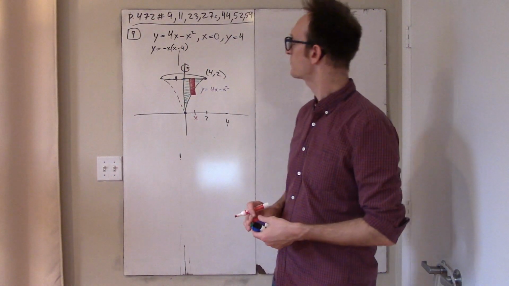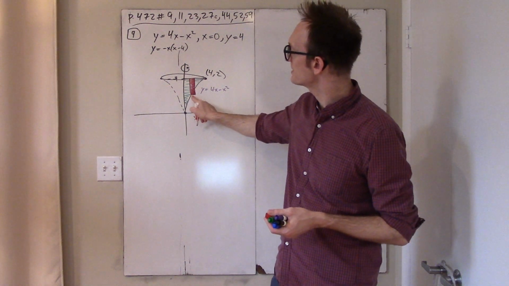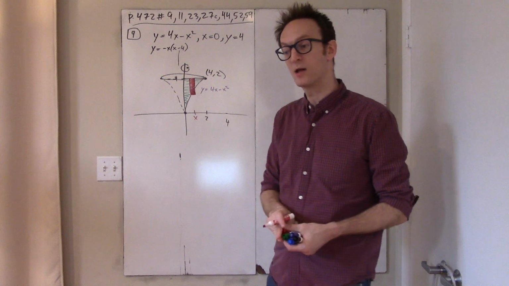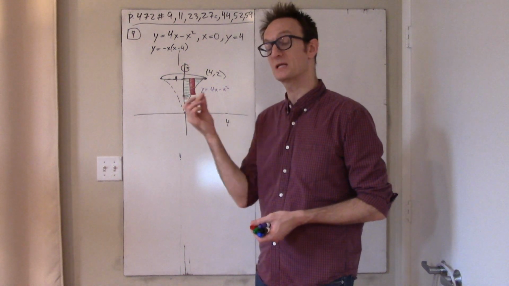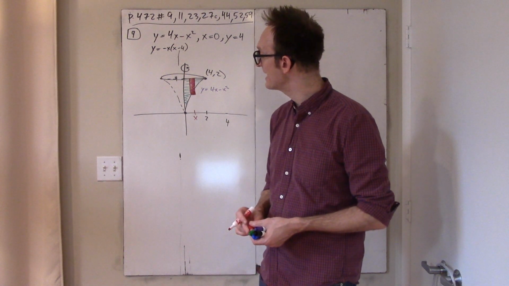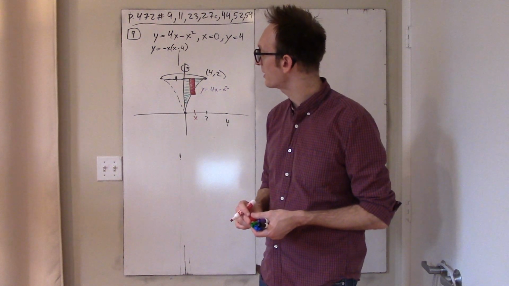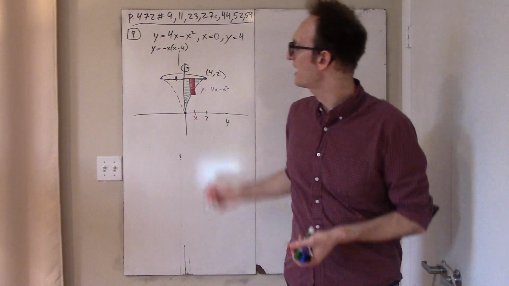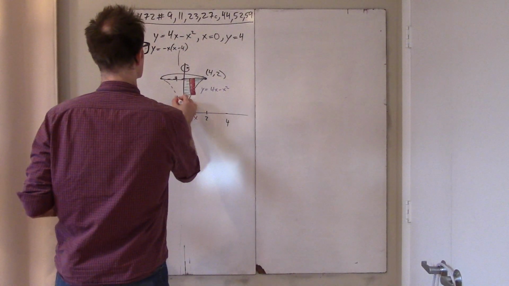A shell is what you get when you rotate this representative rectangle around the y-axis. You know you're getting a shell when your representative rectangle is parallel to the axis of rotation. Here we drew it vertical because this is the form the function came in, plus they just told us to.